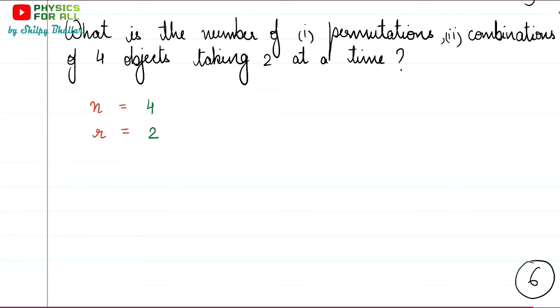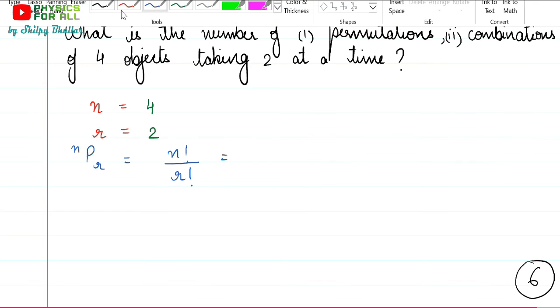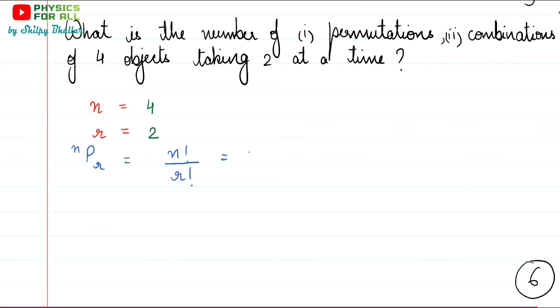Now the formula of this permutation is nPr is equal to n factorial upon (n minus r) factorial. Just substitute the values and we get 4 factorial upon 2 factorial.